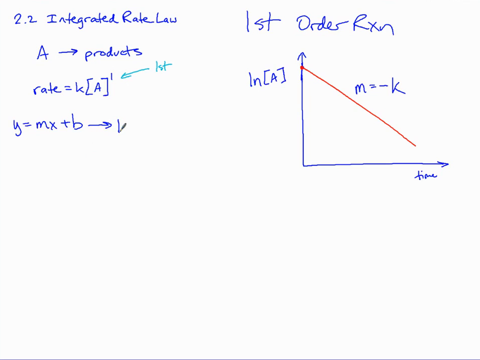The natural log of the concentration of A, because that's our y-axis, equals, slope is negative k, x-axis, the x is still time, so there's t, plus our y-intercept, which is b, is the natural log of the concentration of A at time 0.